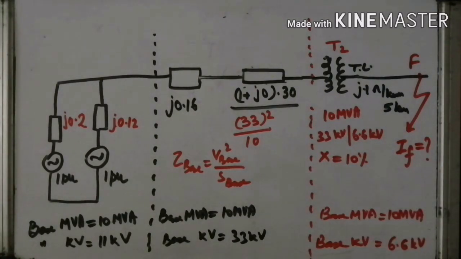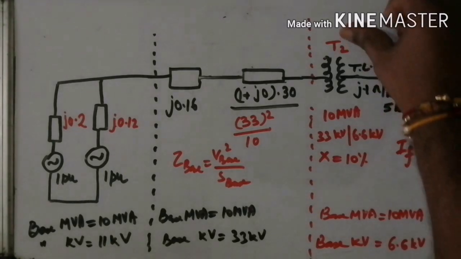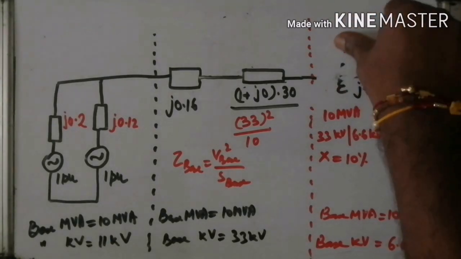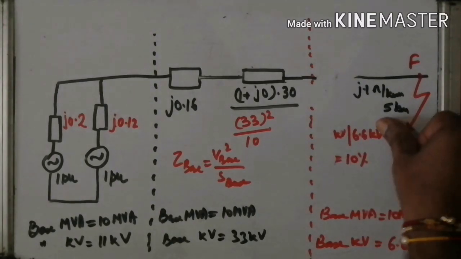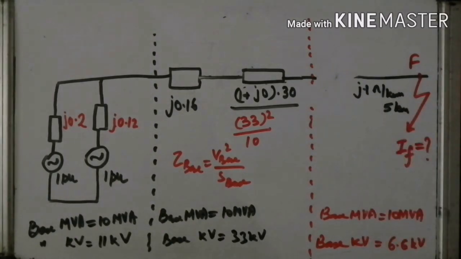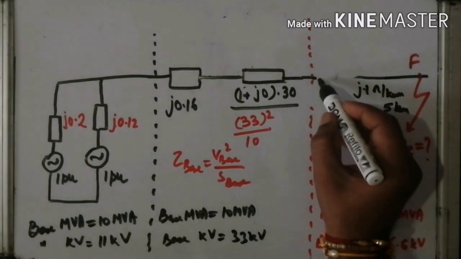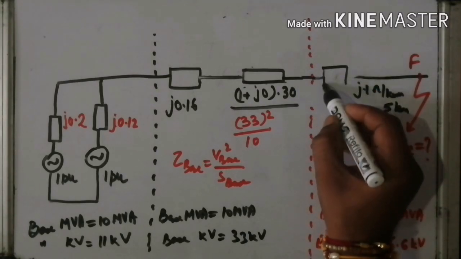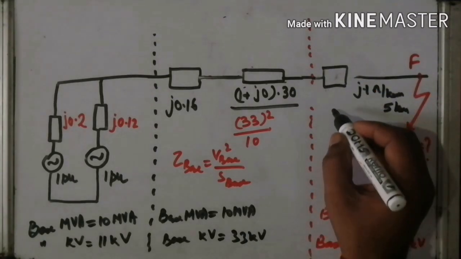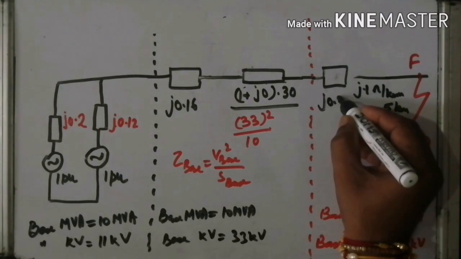Now the second transformer, that is T2, its rating is 10 MVA and reactance is 10%. So it becomes J0.1.